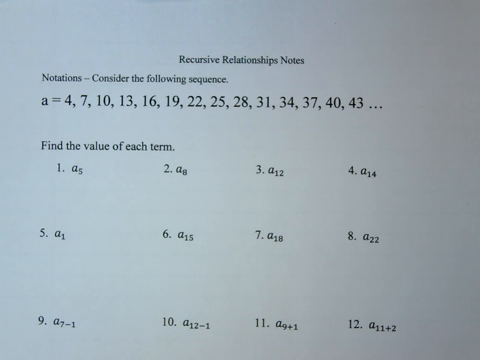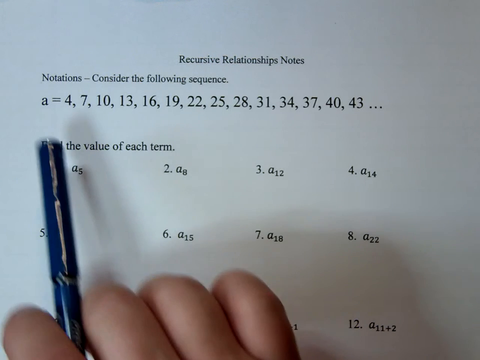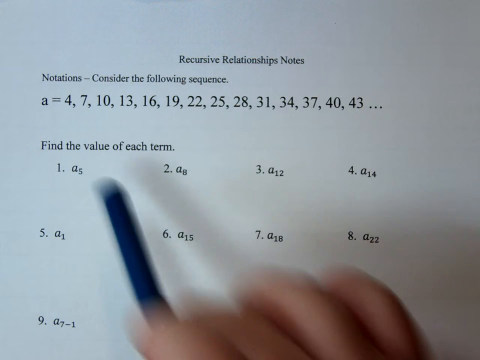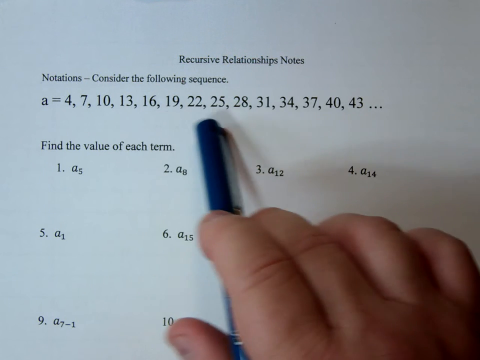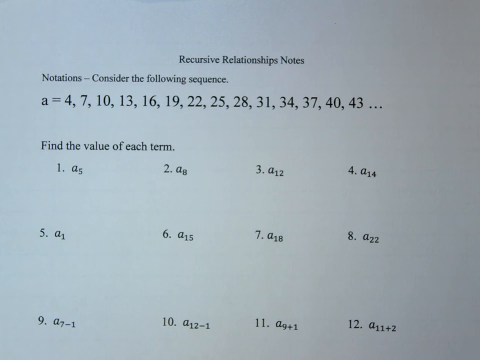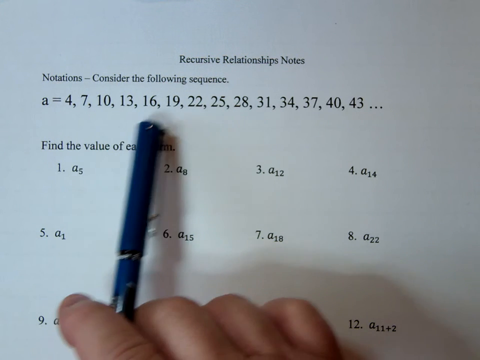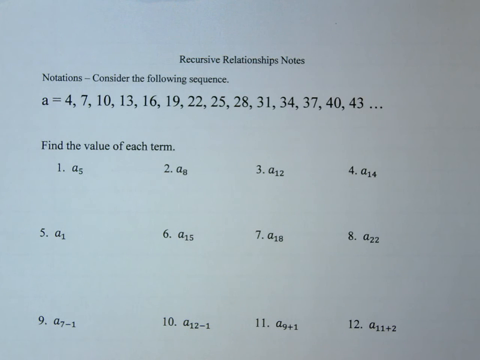Now we're going to be doing a lot of work with arithmetic ones, which are ones that are adding the same thing over and over, and we'll talk about that. And geometric ones, which is you're going to multiply the same number over and over. And the first sequence I gave you was just a basic arithmetic sequence of numbers where you can tell they're increasing by 3 every single time.